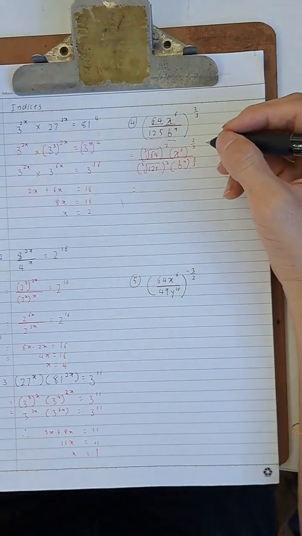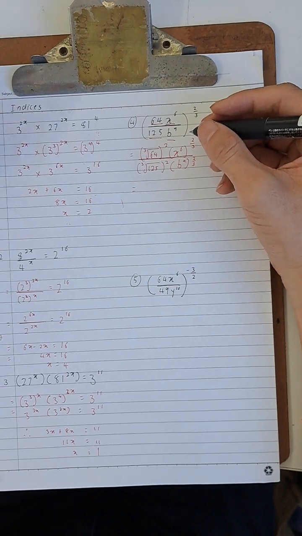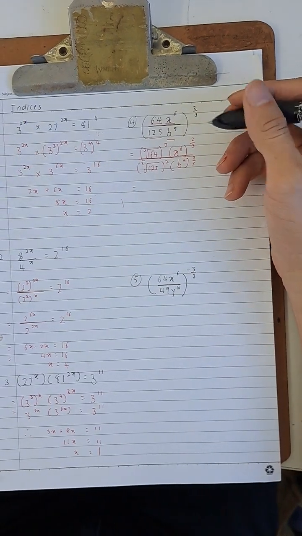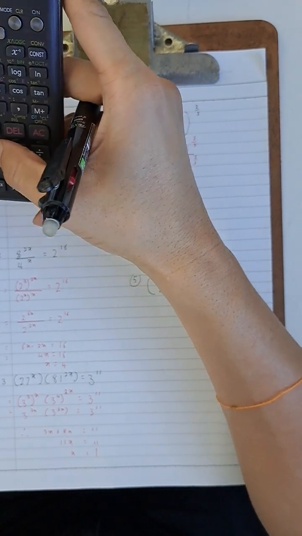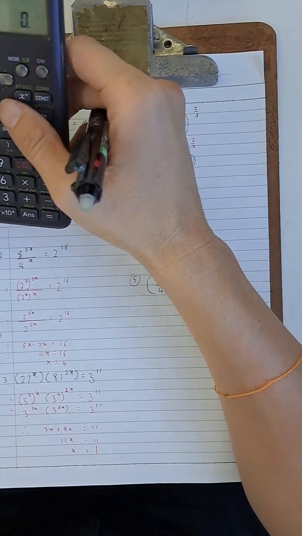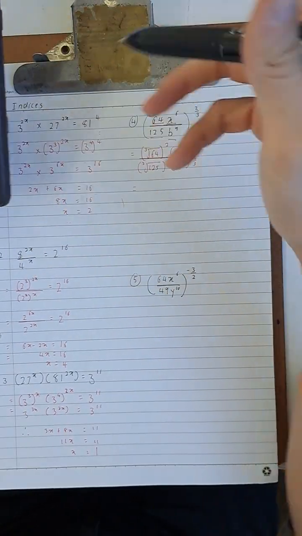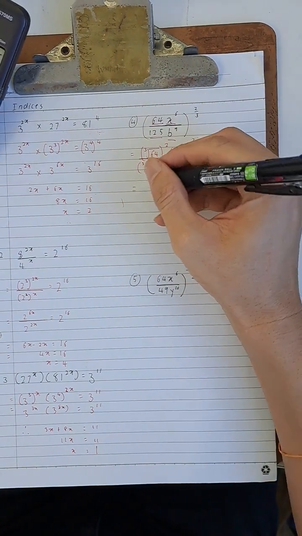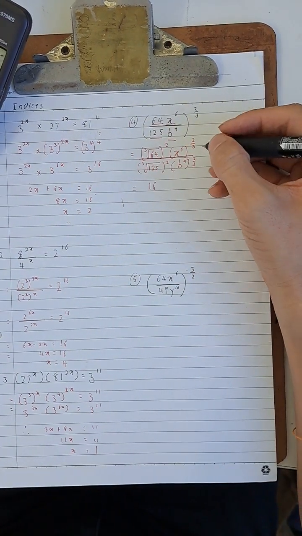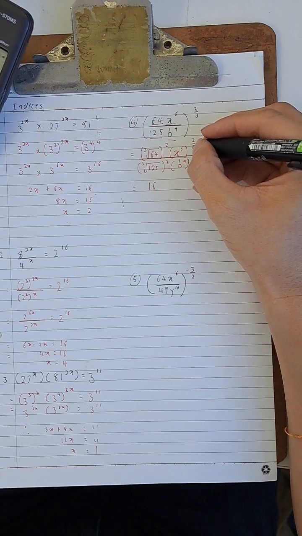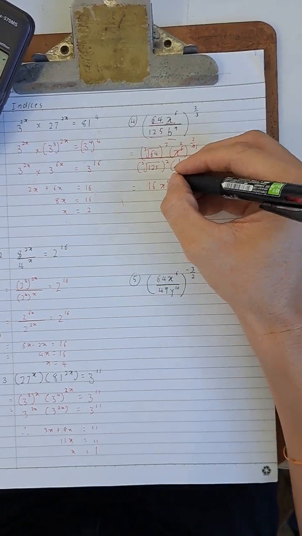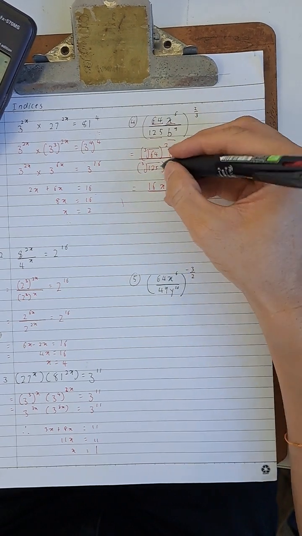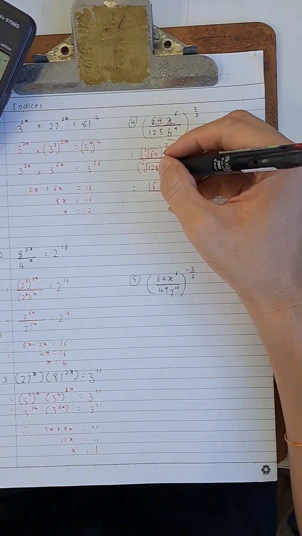Okay, so now cube root of 64, that will give me 4. Let's check over there. Alright, so 4 square, that should give me 16 over here. So this one you just multiply as per usual. So x will be power of 4 over, at the bottom here is the same thing.